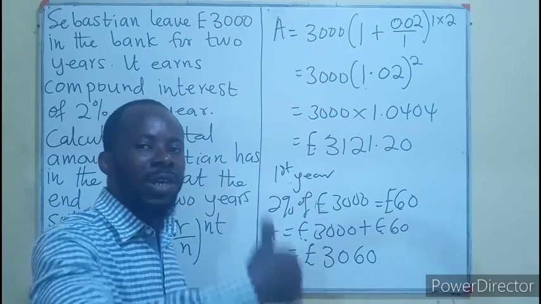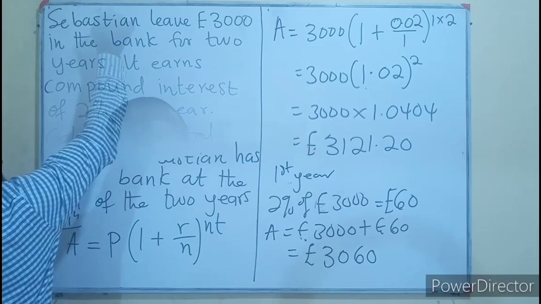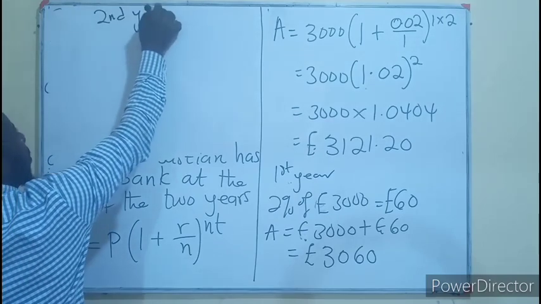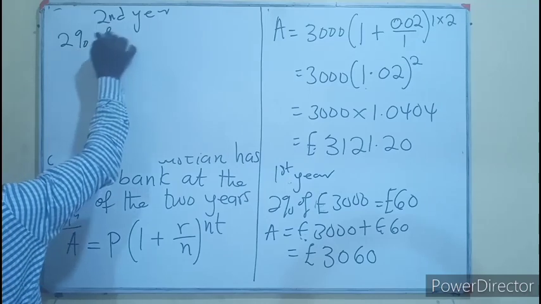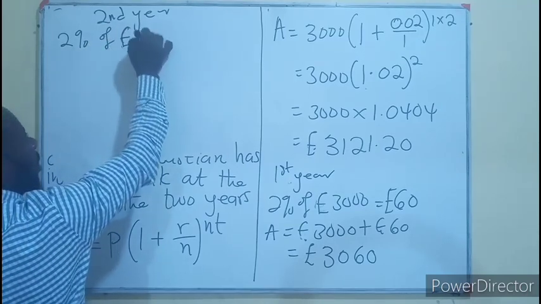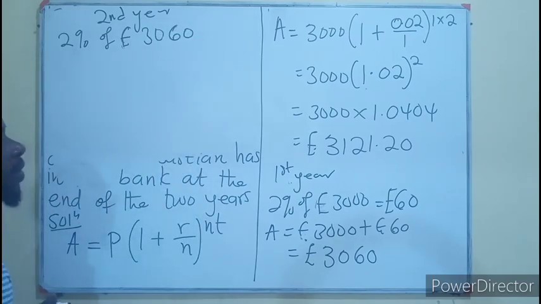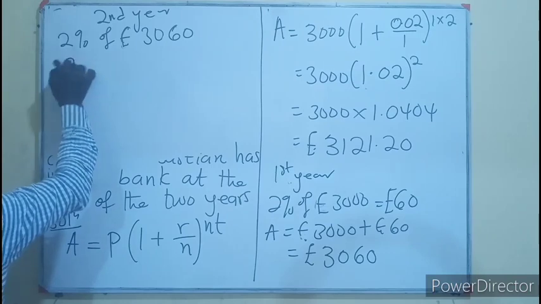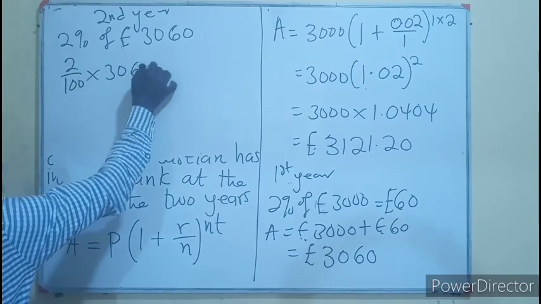Then you want to see what it will be at the end of 2022. For the second year, it will be 2% of your new principal, which is 3,060. So this will be 2/100 times 3,060.